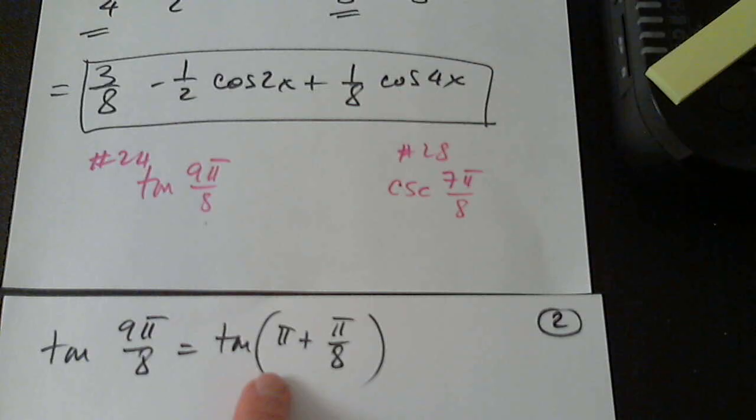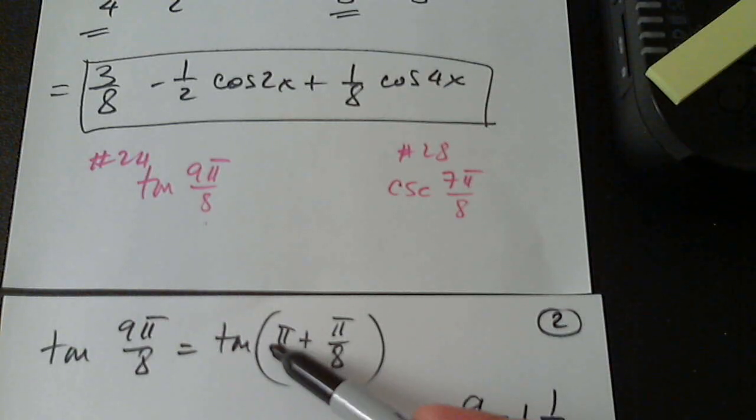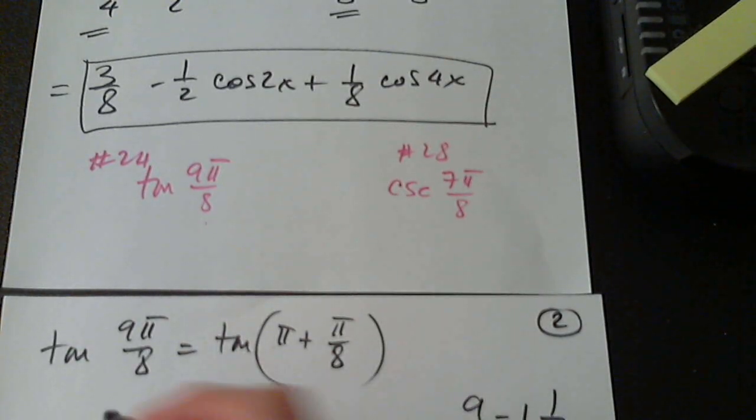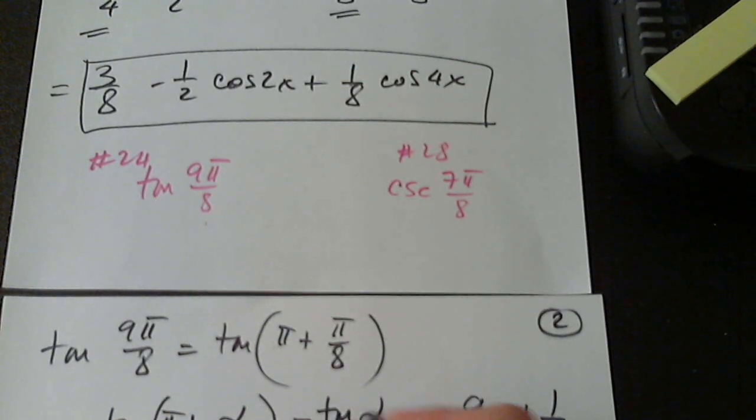So I took the integers out. Basically, what I did, I said 9/8 is one integer and 1/8. Why did I do that? Because I know that tangent of (pi plus an angle) is tangent alpha.